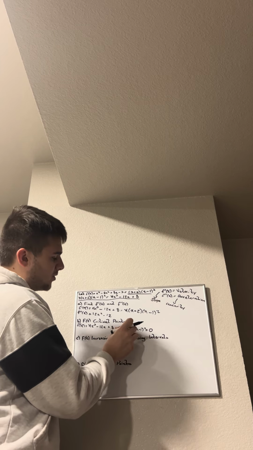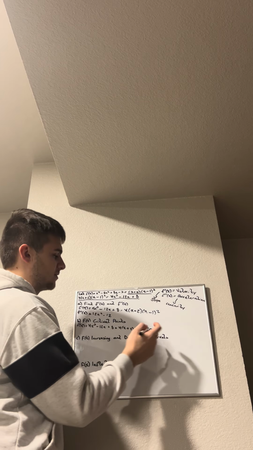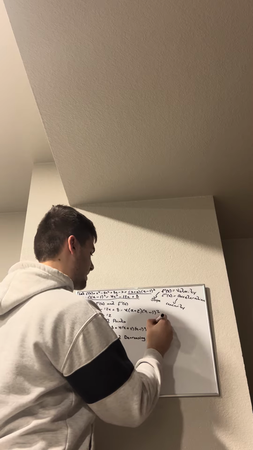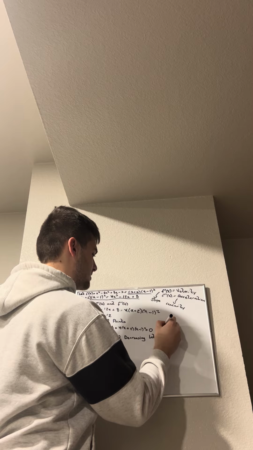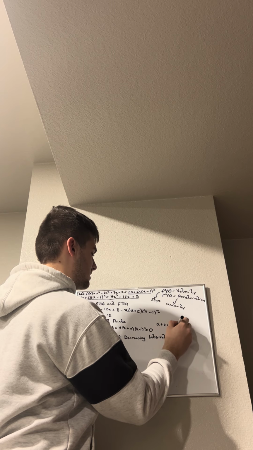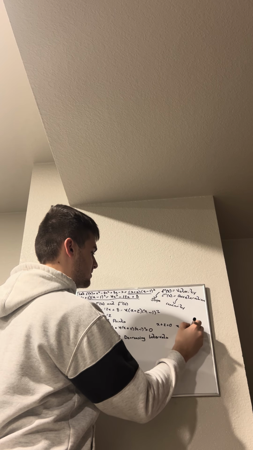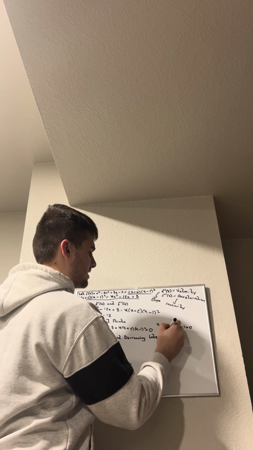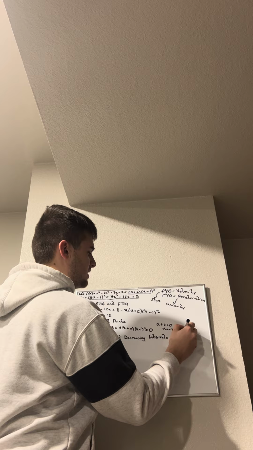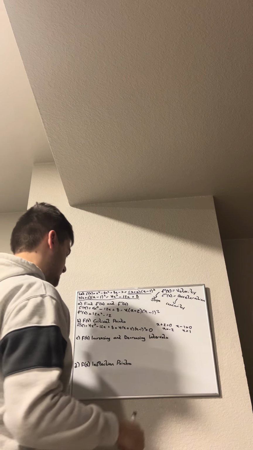We set both of these terms equal to 0, so x plus 2 equals 0 and x minus 1 equals 0. In this case, x equals -2 and x equals 1.